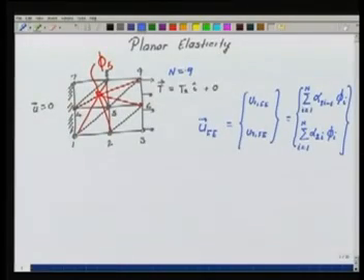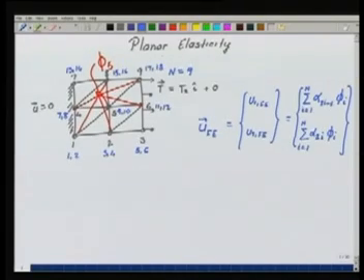Here for example n is equal to 9, the total number of nodes, and here I will have the degrees of freedom 1 and 2, 3 and 4, 5 and 6, 7 and 8, 9 and 10, 11 and 12, 13 and 14, 15 and 16, and 17 and 18.